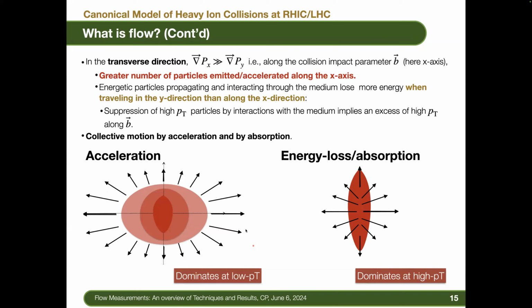The expansion of the medium will dominate what is observed at low pT, for particles with pT less than or about 2 GeV, and the absorption of high pT particles by the spatially anisotropic medium will dominate at higher momentum, so maybe above 3 or so GeV.